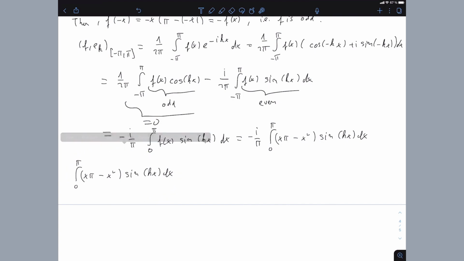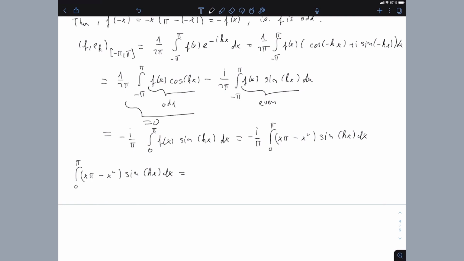Let's forget about the scaling here for now, so that I have less to write. Integrating this we do by integration by parts, since if we do this twice, this second order polynomial will be gone, and we can always easily integrate sine and cosine.